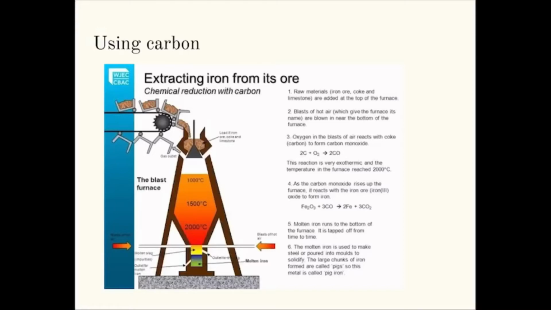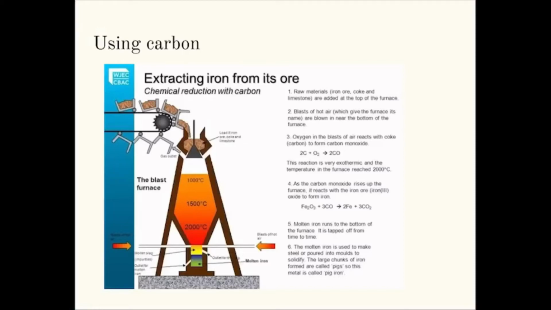As the carbon monoxide rises up the furnace, it reacts with the iron ore oxide to form iron. Molten iron runs to the bottom of the furnace.